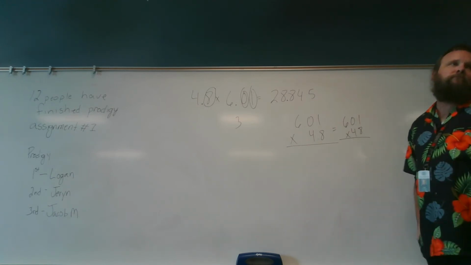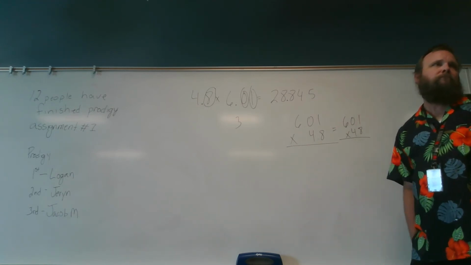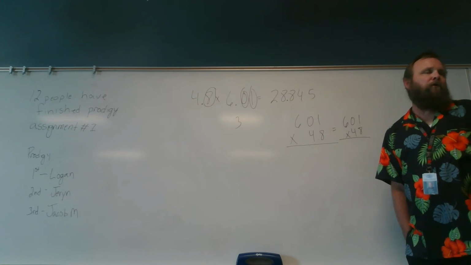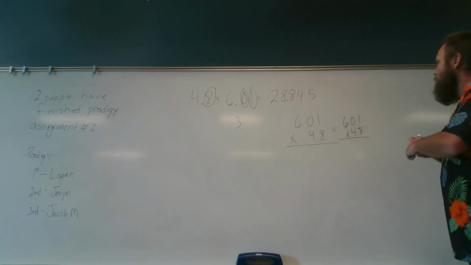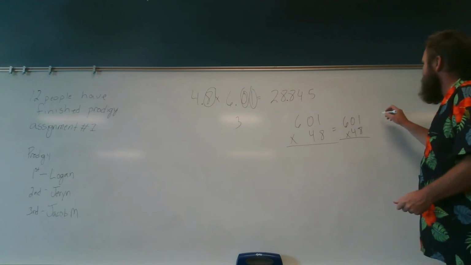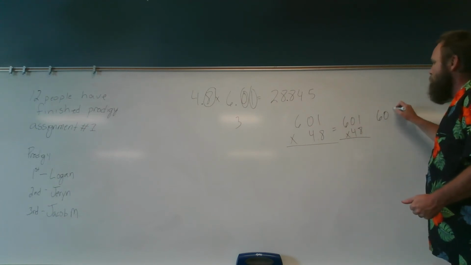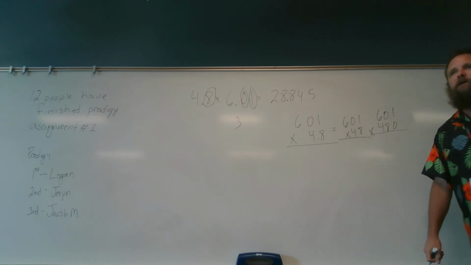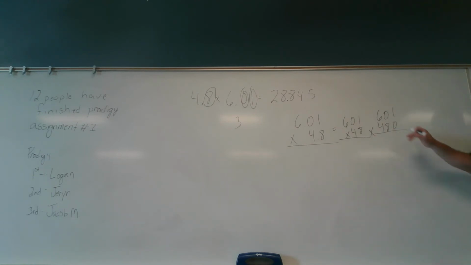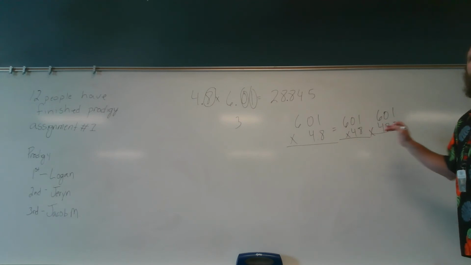Why wouldn't you line up your numbers? Because when you multiply, you don't have to. But can you? If you line up your decimal points, you're going to make this problem 601 times 480. Is that what you want to do? No, because you're adding a whole other line.